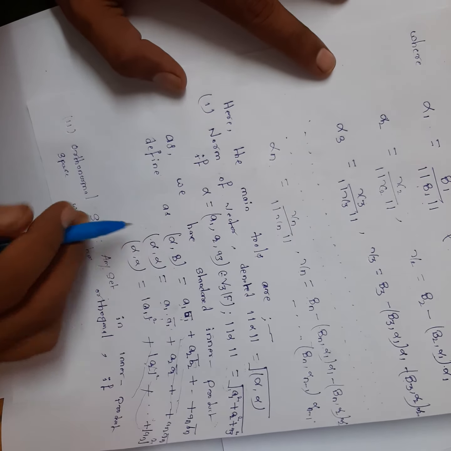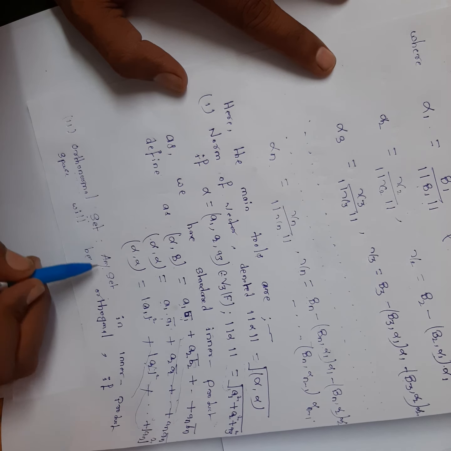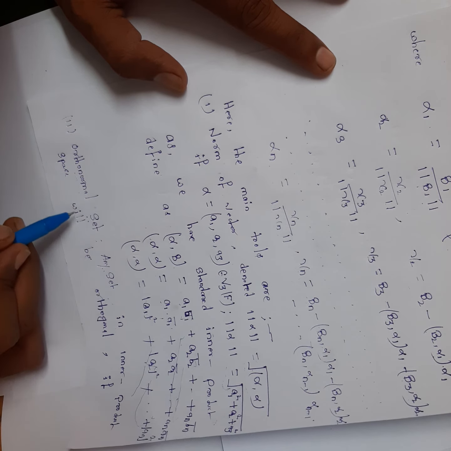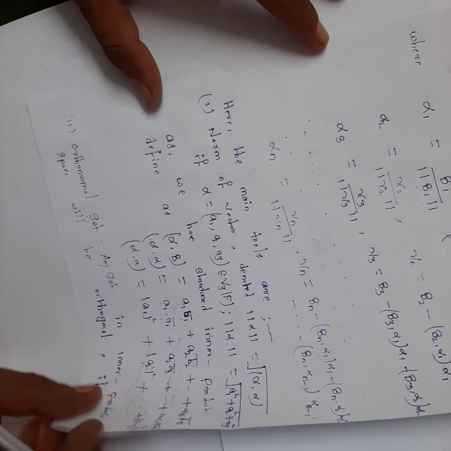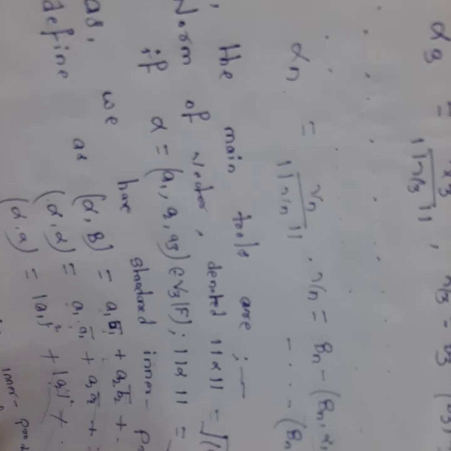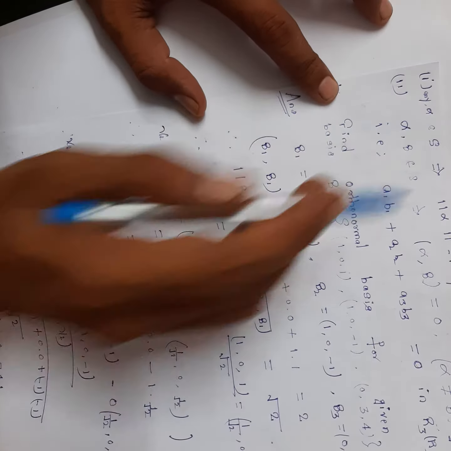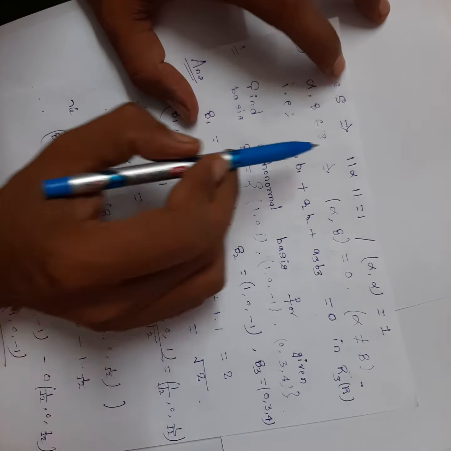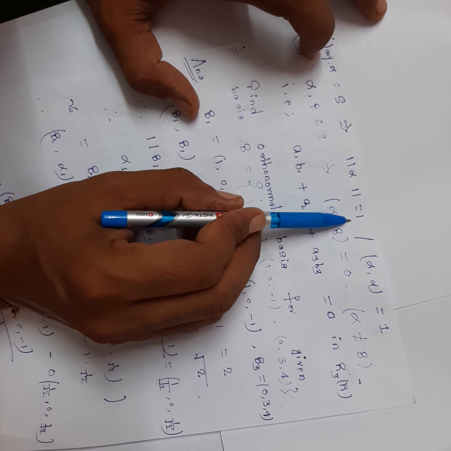And number 2 is the orthonormal set. What is an orthonormal set? Any set S in the inner product space is orthonormal if, first, for any alpha that is a member of S, the norm is 1.